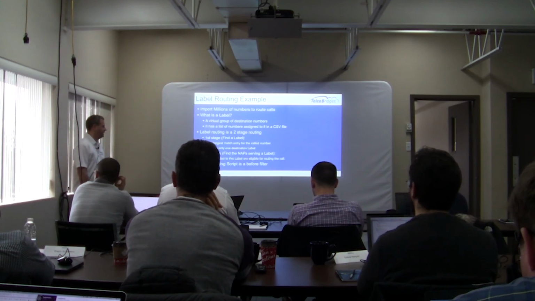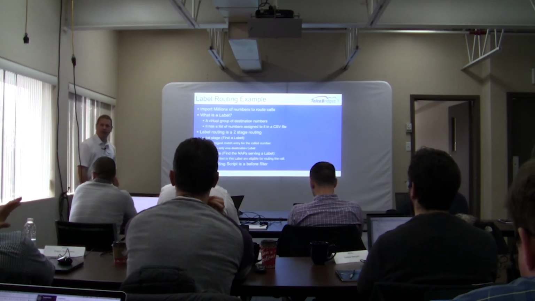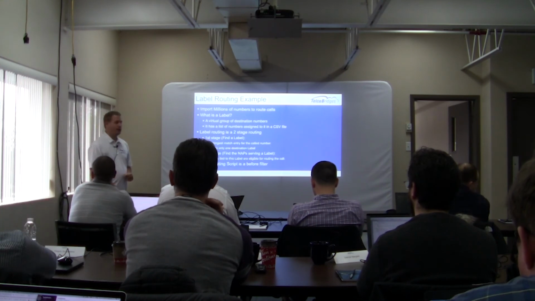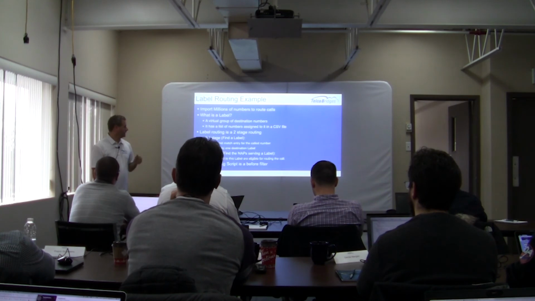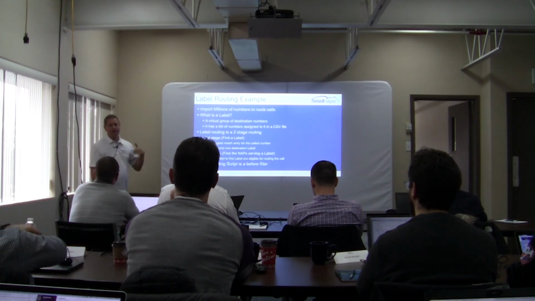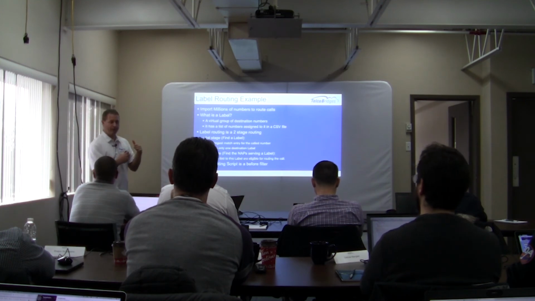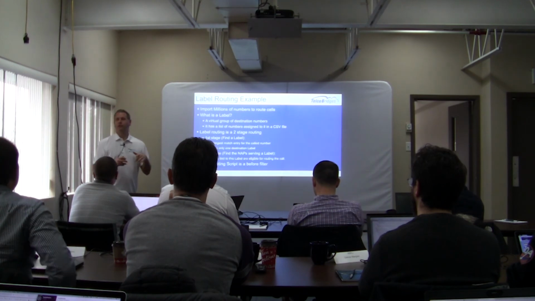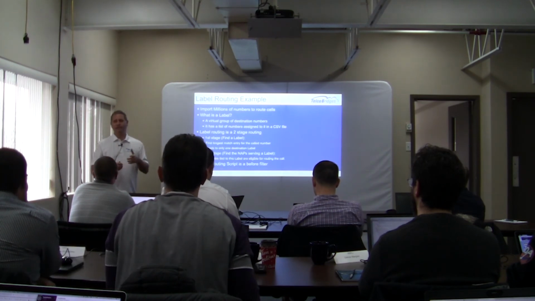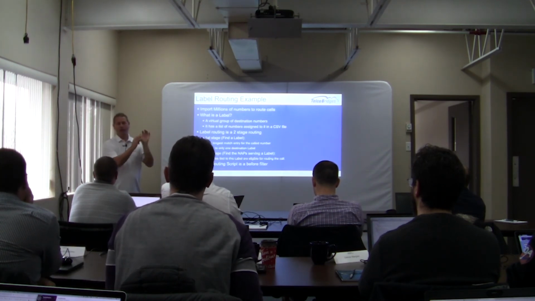Is there any penalty on the performance if you have large routing tables? The way it's done, the table is hashed in the system. When you load up the first time, you need to generate the route set, and then it will hash all of those.